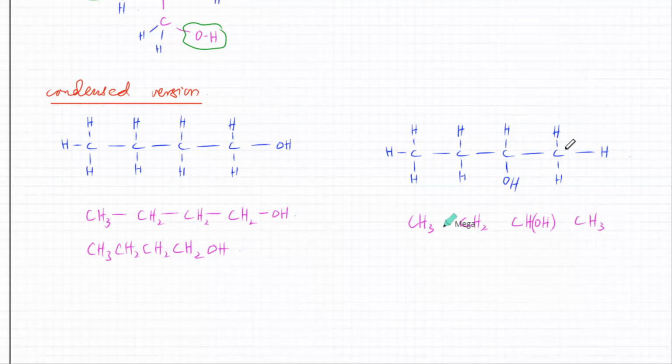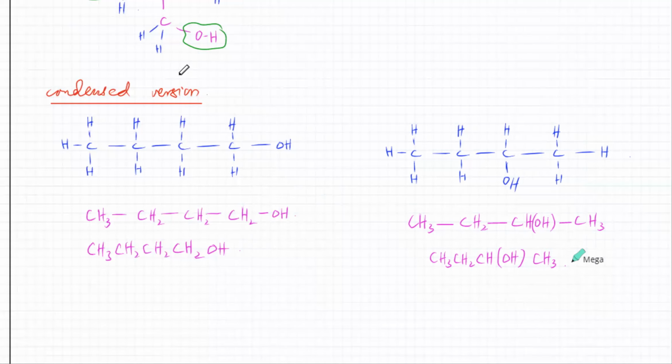You can either show bonds between them, or you can simply keep them all together. That is going to be CH3, CH2, CHOH bracket, and CH3. So those are your condensed versions. You should be good with drawing both of them.